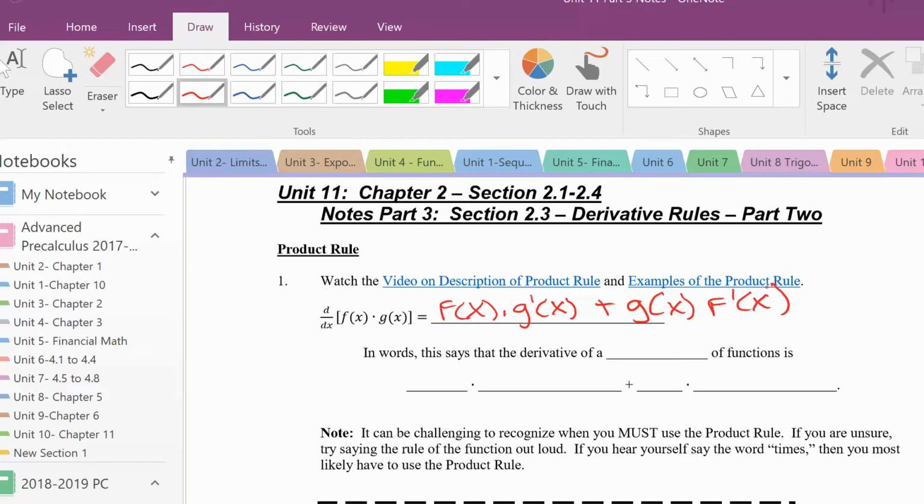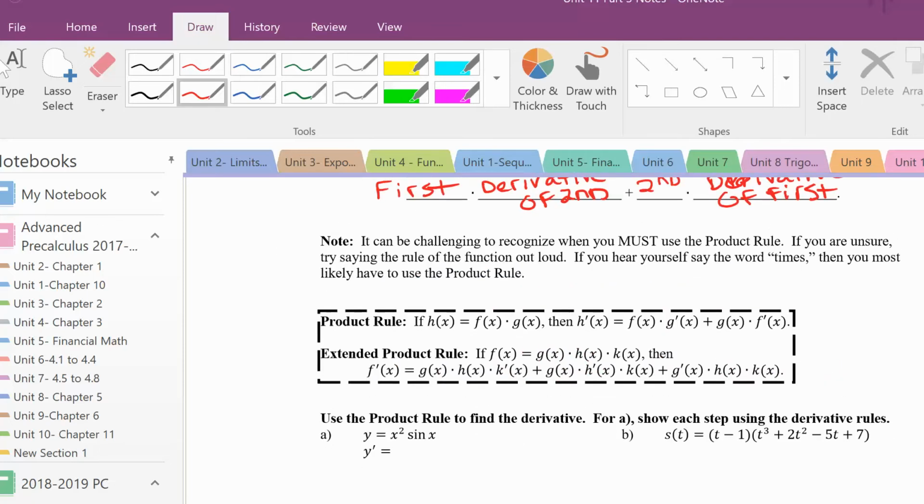In other words, it says that the derivative of a product of functions is equal to the first function times the derivative of the second, plus the second function times the derivative of the first. That's what it's saying. And so that's what it says down below here.